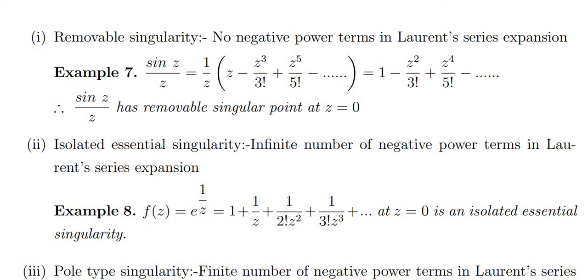If this Laurent series expansion does not have any negative power terms, z0 is a removable singularity. For example, if we take the function sin z by z, this function has a singularity at z equal to 0. But if we take its Laurent series expansion, there are no negative power terms. So for sin z by z, z equal to 0 is a removable singularity.